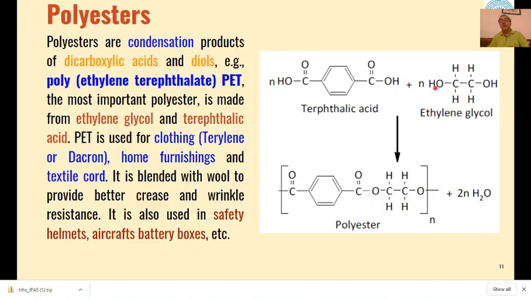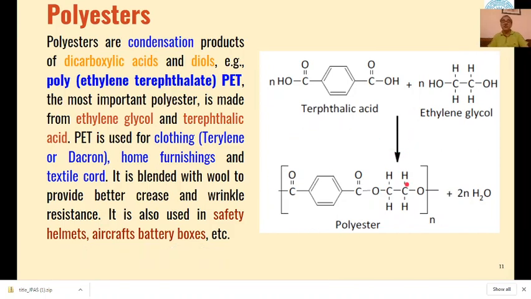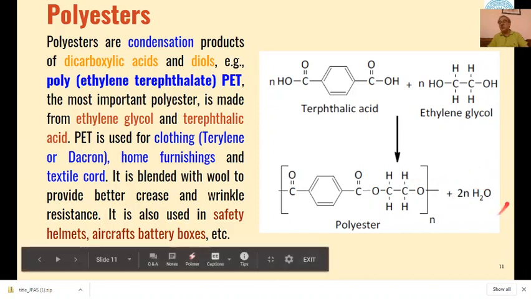and we know that if a small molecule like water or HCl or ammonia is removed by the condensation of the monomers to form a polymer, then such a process is called condensation polymerization. So because here we are removing a small molecule like water, that means this polymer is being made by condensation polymerization.